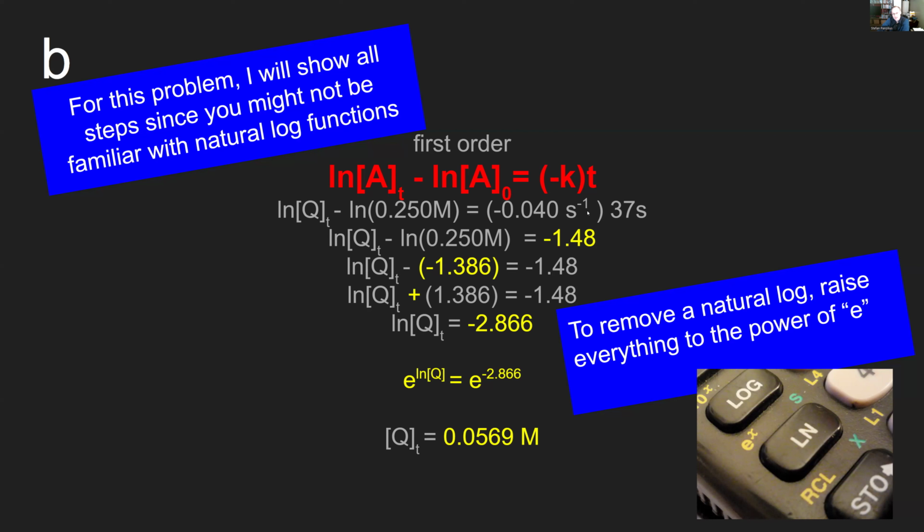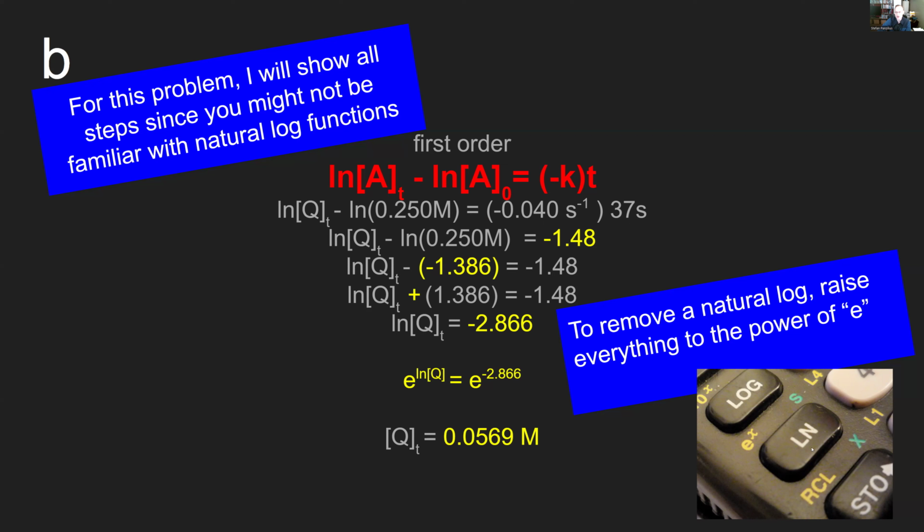From each one of these lines, I showed what I changed by highlighting it in yellow. The 37 seconds times the negative 0.040 per second becomes negative 1.48. For the next step, I took the natural log of 0.250 molarity.